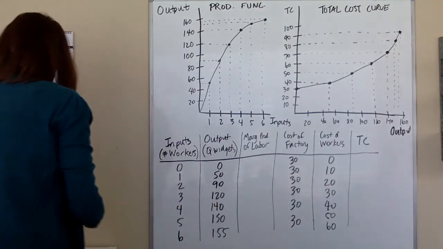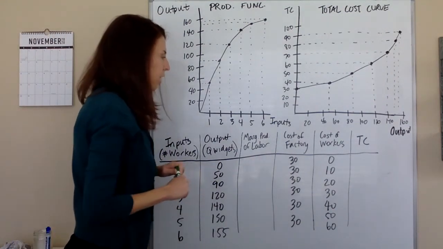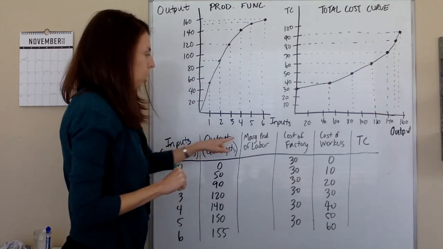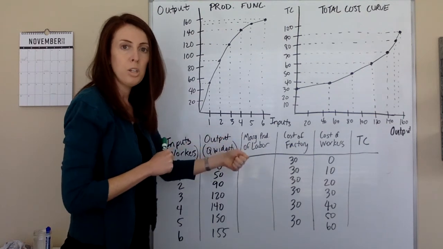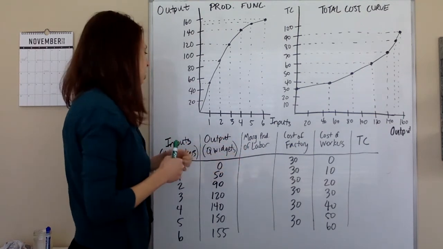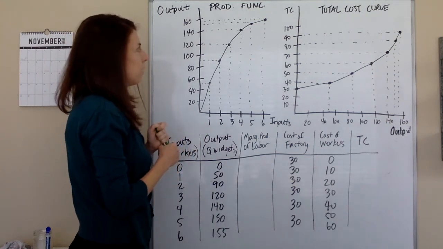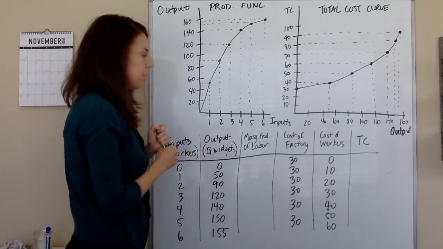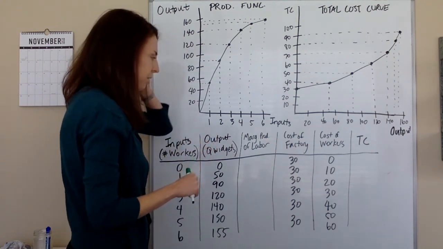The next column is going to be measuring marginal product of labor. Recall that this is how much output you get from the last worker that you hired. And it's also graphically equivalent to the slope of the production function. So I'm going to give you a couple of answers here and then let you calculate the rest.